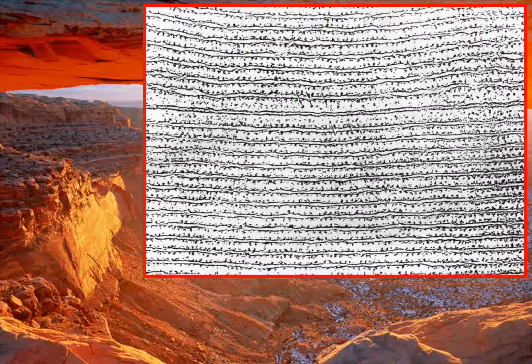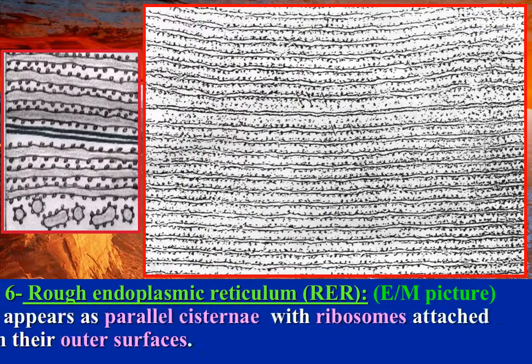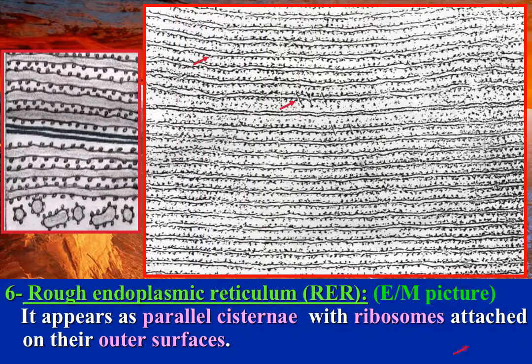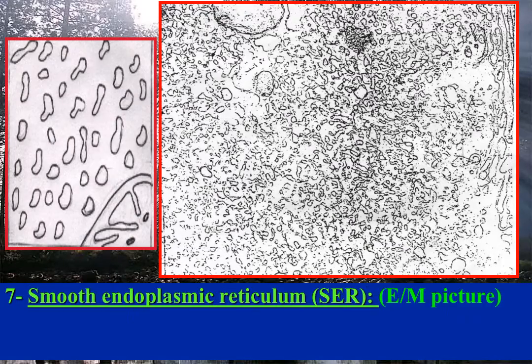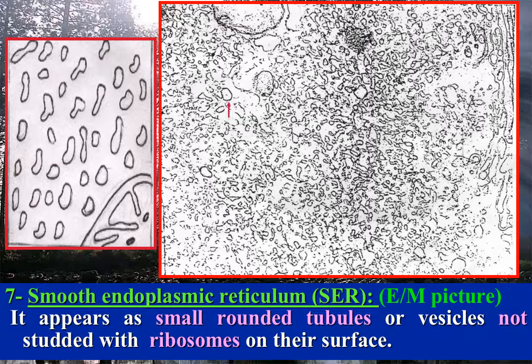Rough endoplasmic reticulum appears as parallel cisternae with ribosomes attached to their outer surfaces. Smooth endoplasmic reticulum appears as small rounded tubules or vesicles not studded with ribosomes.